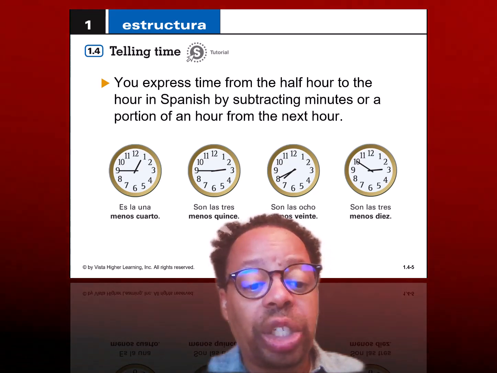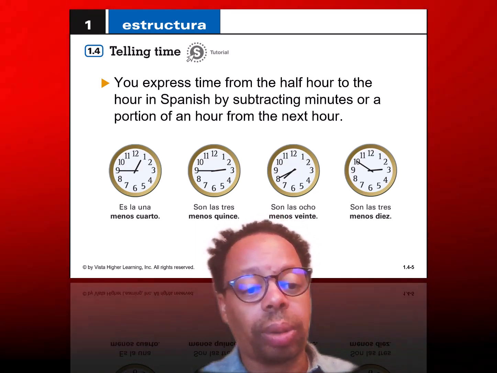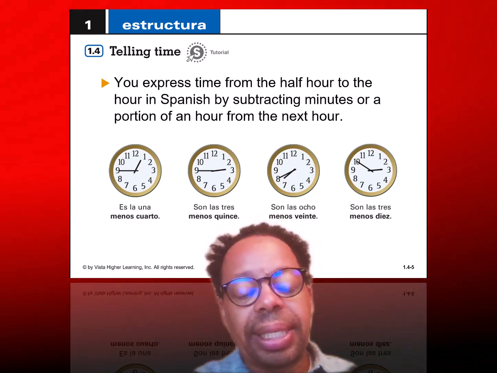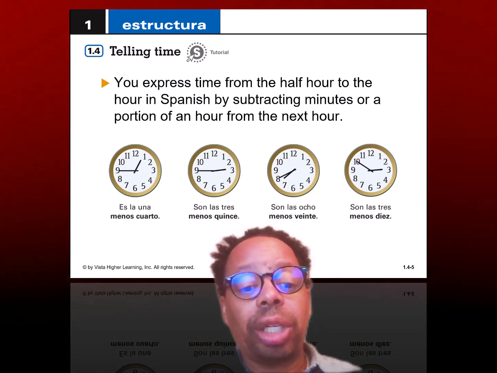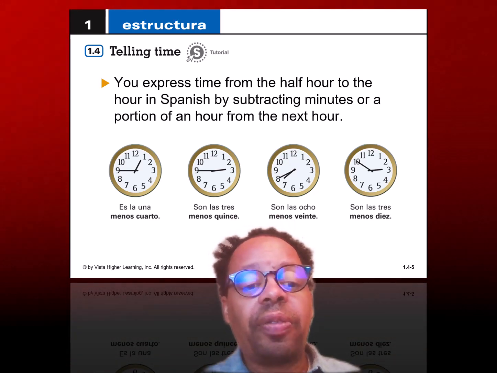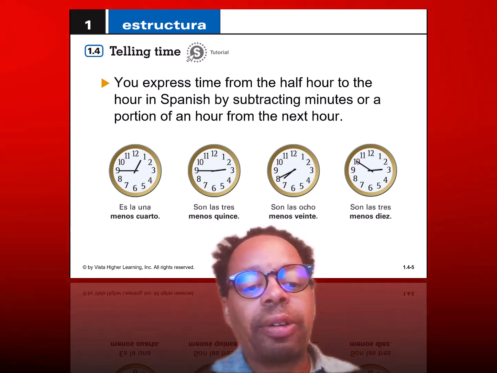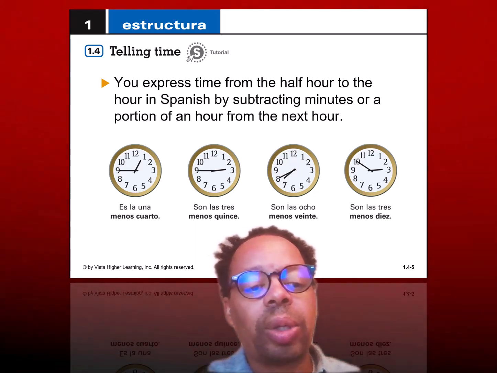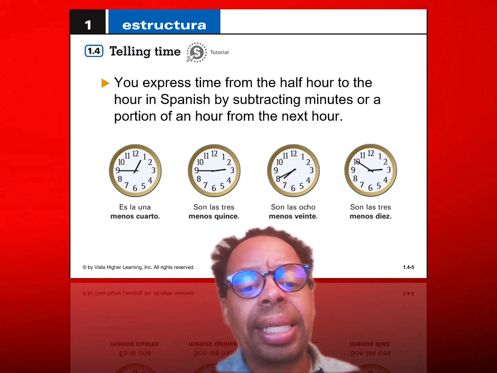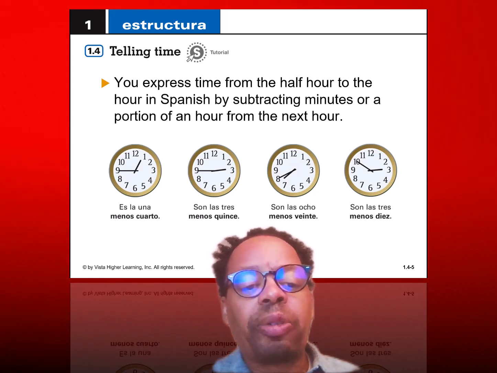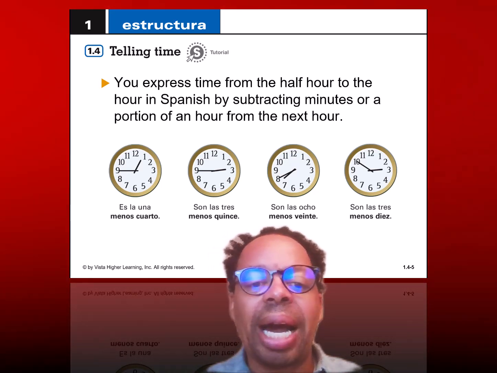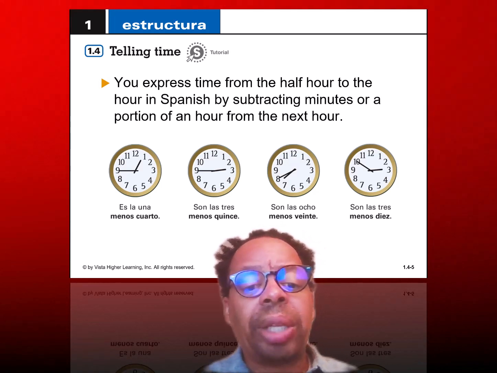That will tell you which construction you're going to use. Once you determine that, then you can go about adding the numbers or subtracting from 60. You may notice that those menos cuarto, menos quince, we're subtracting that number from 60, there being 60 minutes in an hour. So that's how we get those numbers.